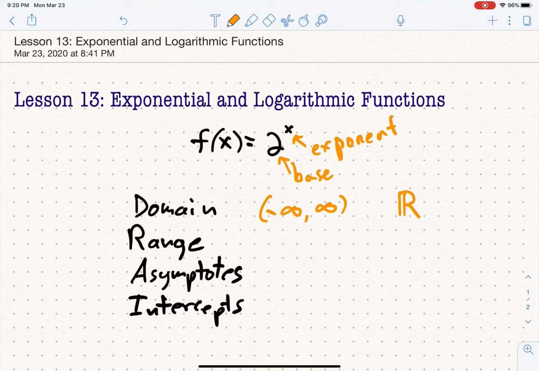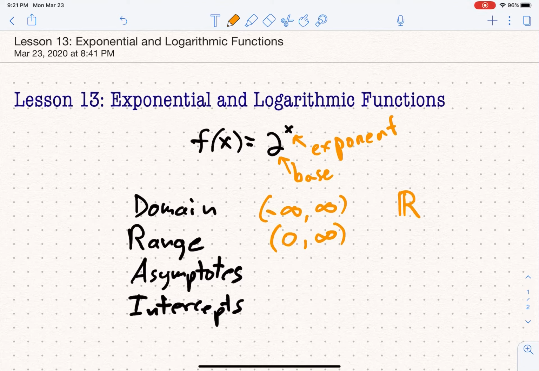You can plug negative numbers in for x, but the effect that that negative has is to turn it into a fraction and give you a very small number as an output. So the range never gets negative. The range is only positive numbers. And in fact, you can't get 0 as an answer either, which means that the range is 0 to infinity. It's only the positive real numbers.